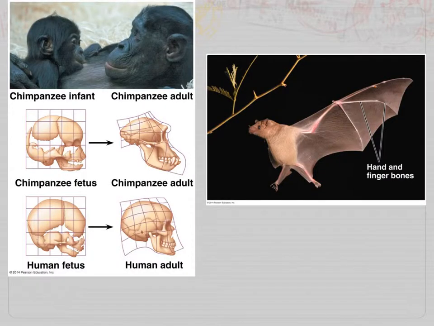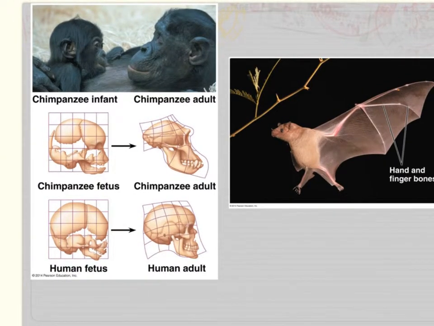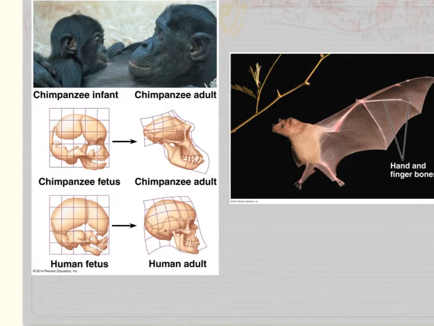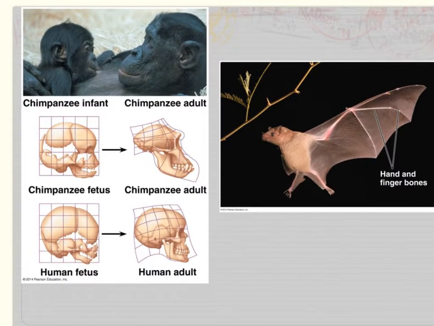So here we have a table or diagram that shows the chimpanzee infant versus the human infant. So you can see the skull development and how quickly the chimpanzee will be shaped into this oblong shape of their skull, whereas the human development has the more characteristic, almost like a spider abdomen look to the skull.